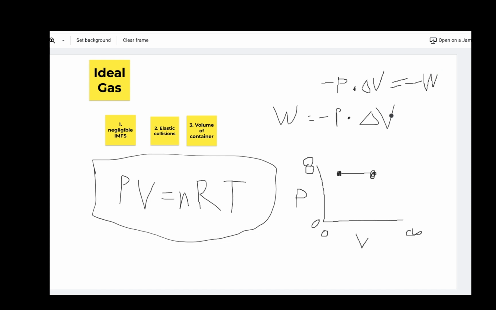But this can be confusing for some people, because if volume's increasing, why would work be negative? Well, it's pretty simple. We're looking at work exerted on the gas and not work the gas is doing.